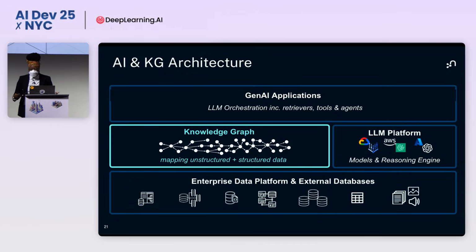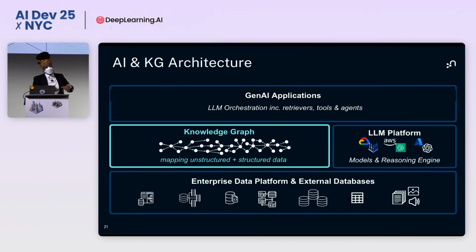And from an architectural standpoint, the way that we're seeing this shake out in engineering teams is as follows. At the bottom, you'll see that we have our existing data platforms, right? The Snowflake, Databricks, other relational systems, for example. And on top of that, we could have a knowledge graph. That is going to connect all of your structured and unstructured data in a consistent and semantically rich way.